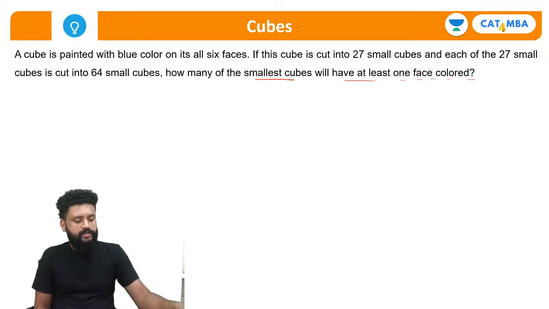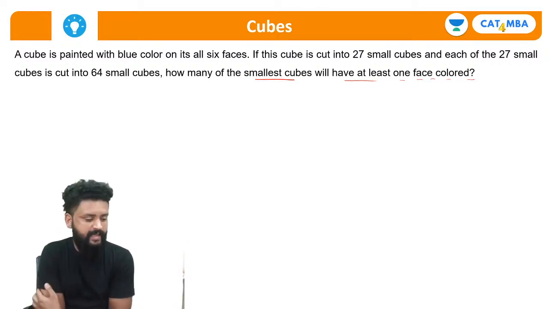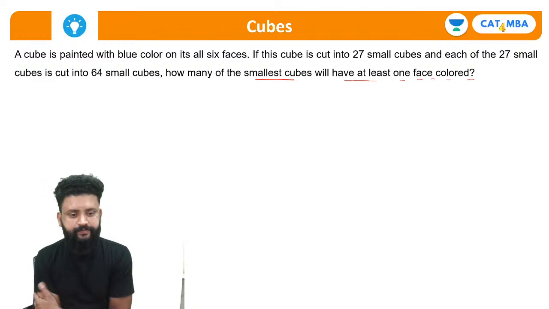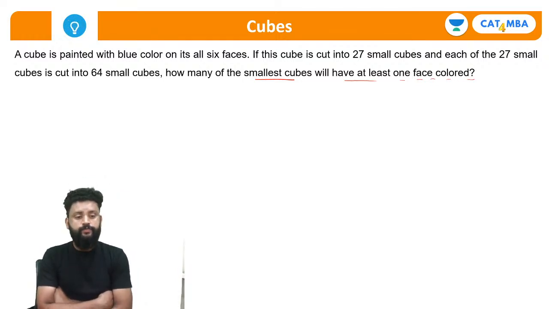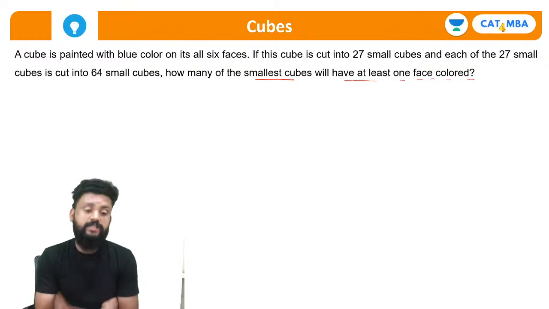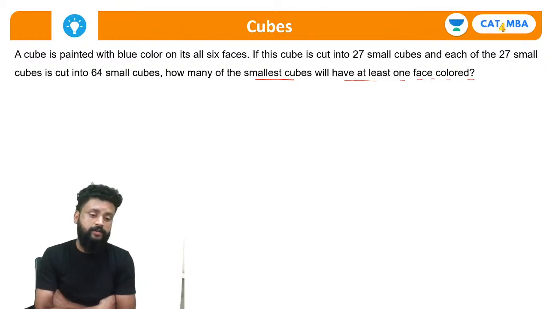This is going to be very tricky to count. Draw a cube, divide it into 27 small cubes. 27 means it will be a 3 by 3 structure, and each of the 27 cubes is cut into 64 smaller cubes further.